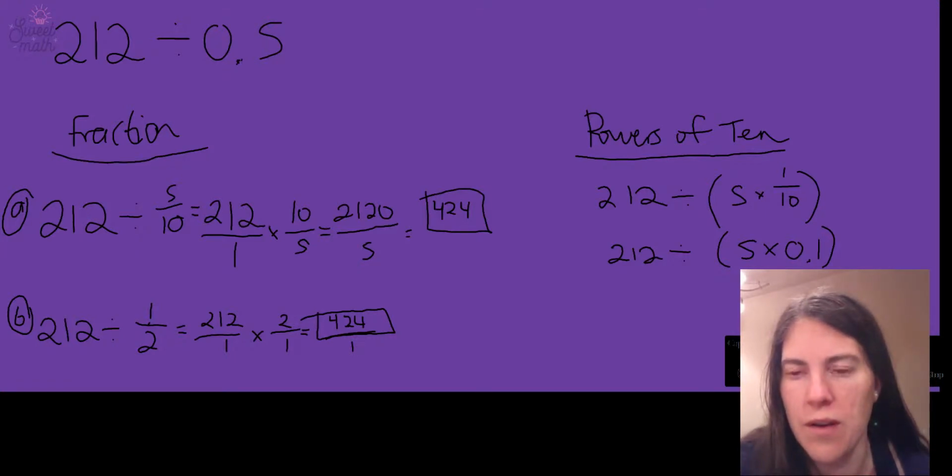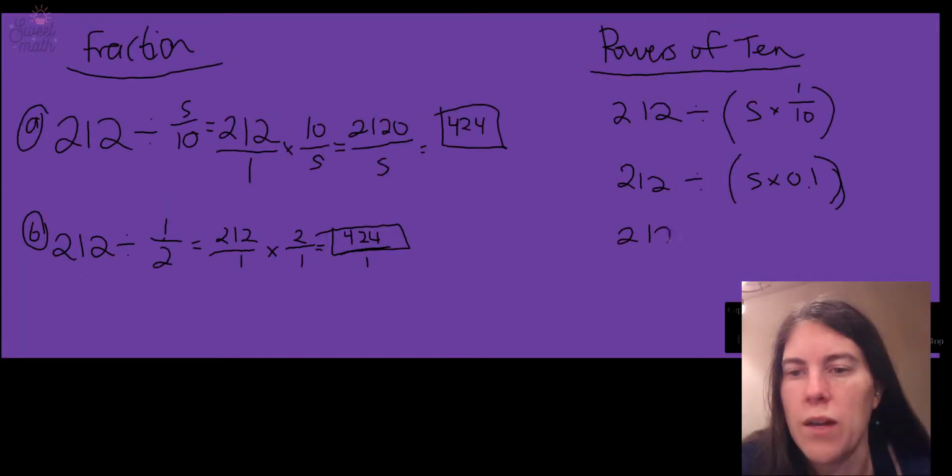Does order matter? In PEMDAS, I do multiplication and division left to right, but I have these parentheses. Well, let's give it a try. 212 divided by 5 divided by 0.1.